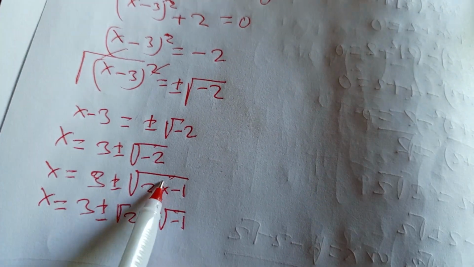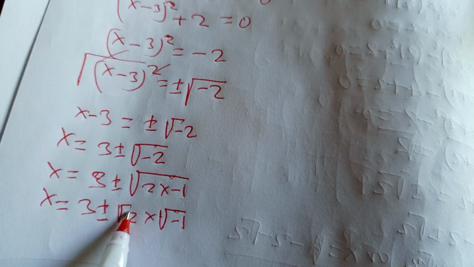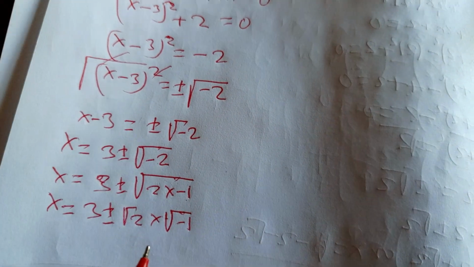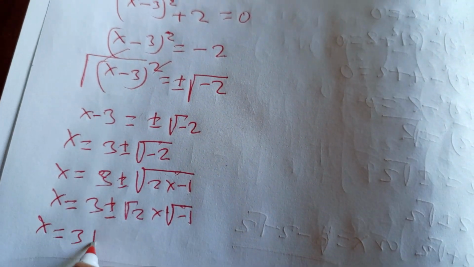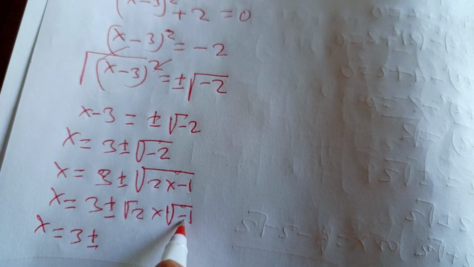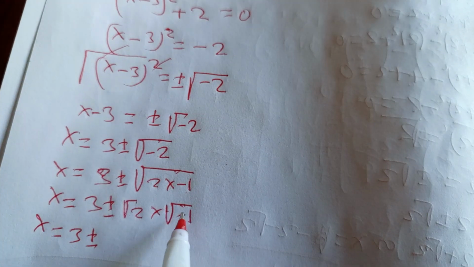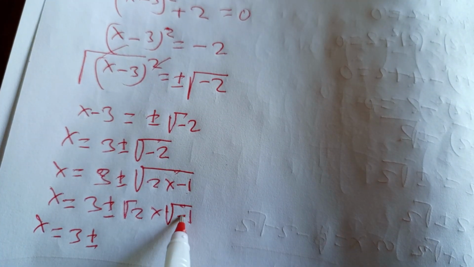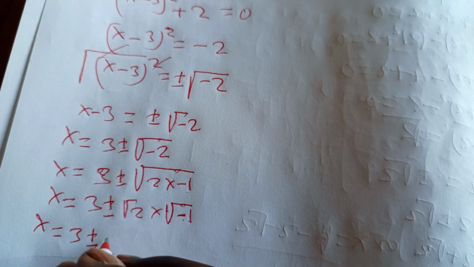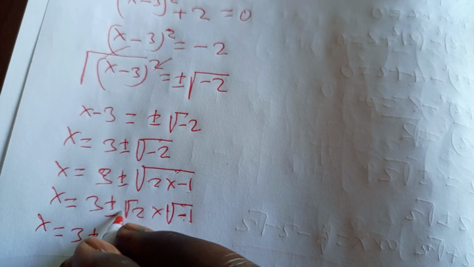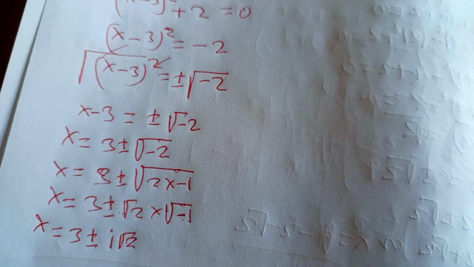I know I can split this into root of 2 and root of negative 1. The square root of negative 1, root of 1 is 1, and the root of negative 1 is i. So it will be i times 1 times root of 2, so it will be i root of 2 like this.